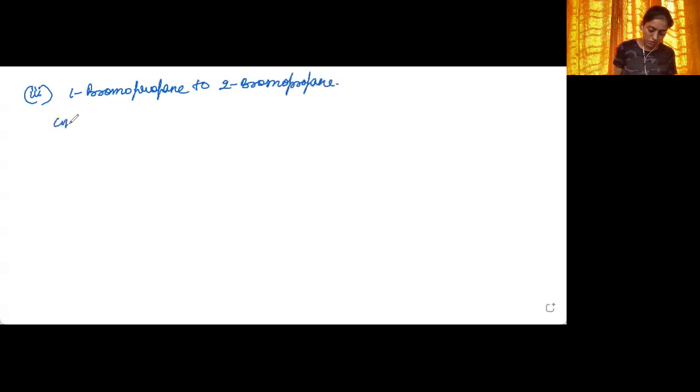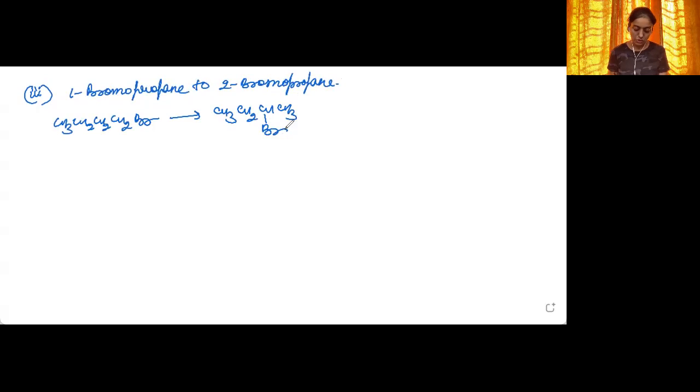1-bromopropane to 2-bromopropane. CH3, CH2, CH2, Br to CH3, CH, CH3, here it is Br.